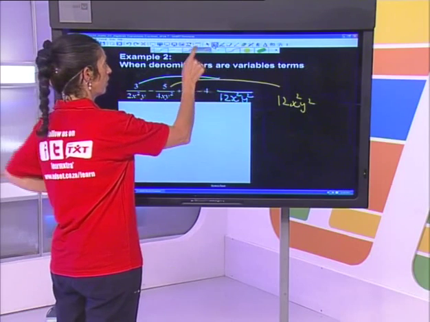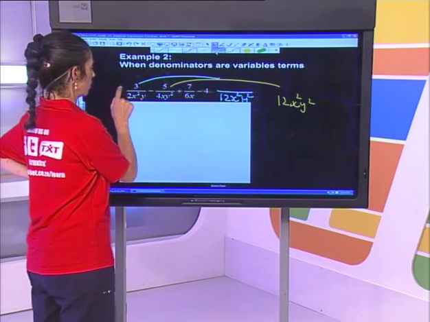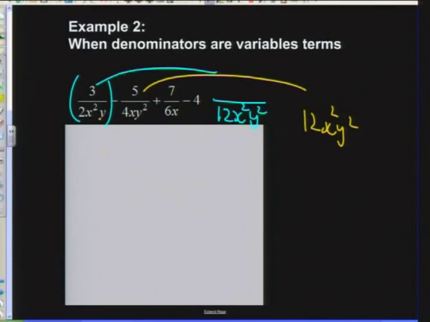So I'm going to multiply this denominator and numerator by 6y. That's what it's missing, 6y.